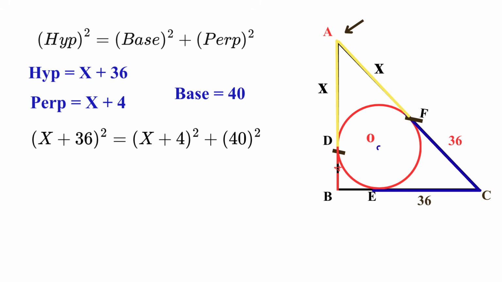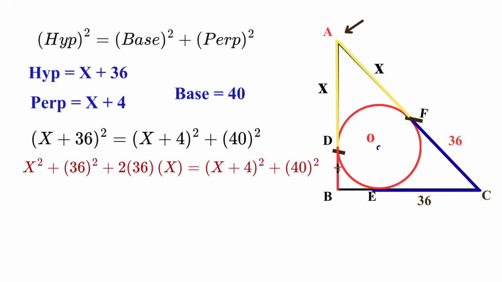Here, we're using the algebraic identity, that is, (a plus b) whole squared equals a squared plus b squared plus 2ab. So the left-hand side becomes x squared plus 36 squared plus 2 times 36 times x.